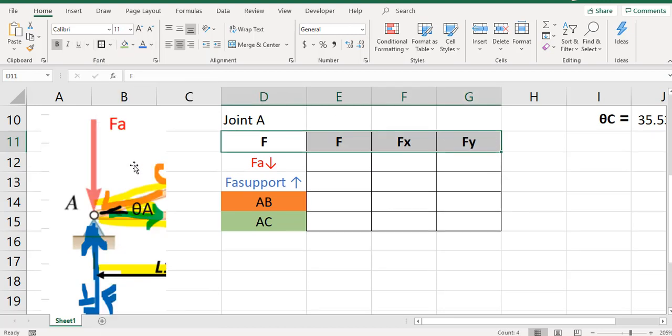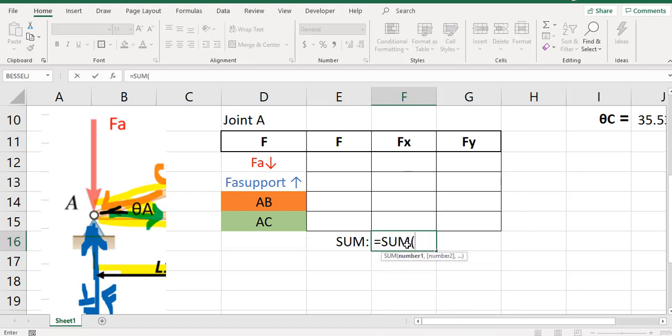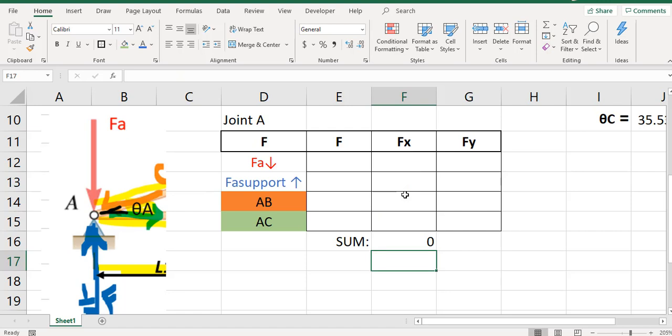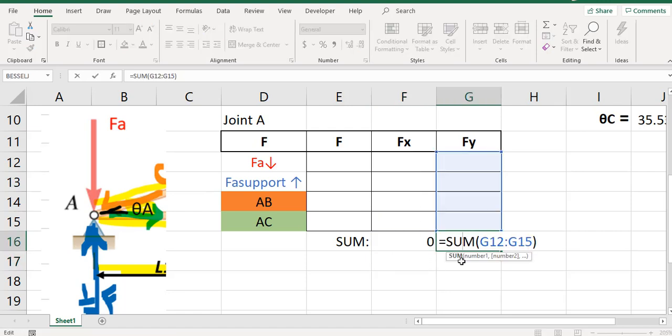If I get this formatted, then for the rest of them I can copy and paste it around, so you can have a nice organized table that's color coded that you can then copy for the other joints. So eventually, everything in the X direction should add to 0, as well as everything in the Y direction.